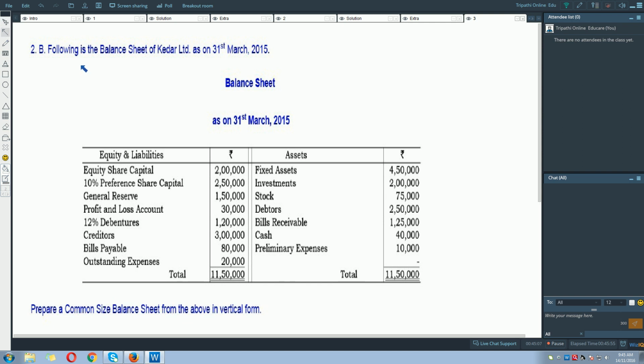Total of D, there is an increase of 15,000, that is 30%. Net profit, there is an increase of 30,000, which is 200%. So this is how we have to solve the comparative income statement. Now let us go for the next question.